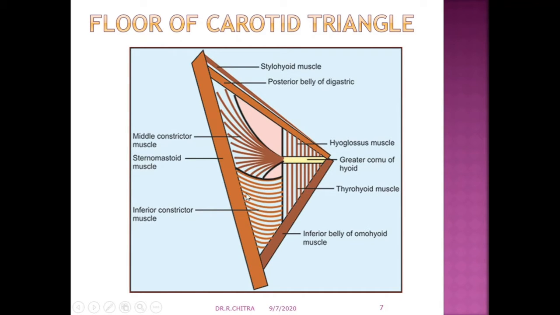The middle constrictor of pharynx is overlapped at its origin by the hyoglossus and extends fan-wise backward and medially. So you can see it is fan-wise backward and medially from the greater cornu of the hyoid bone. The inferior constrictor of the pharynx will arise from the oblique line of thyroid cartilage. So these are the details of the floor of the carotid triangle.